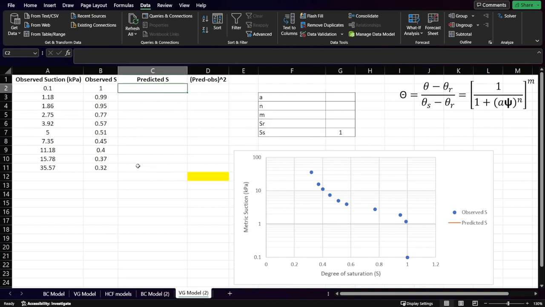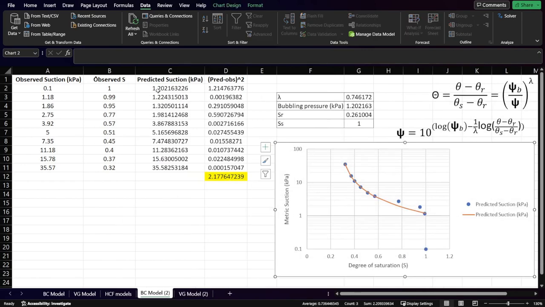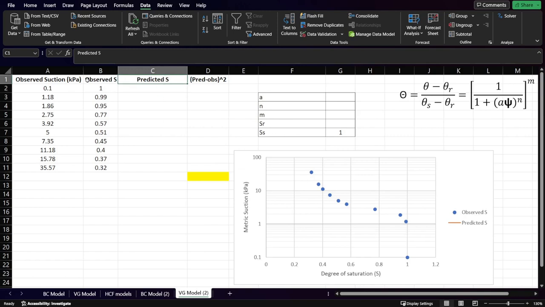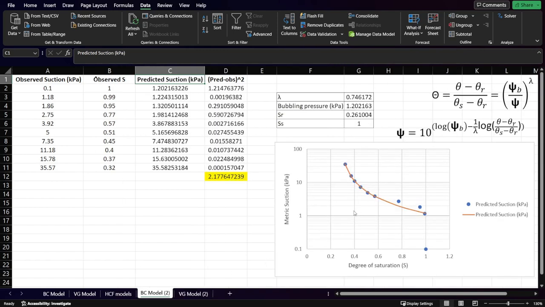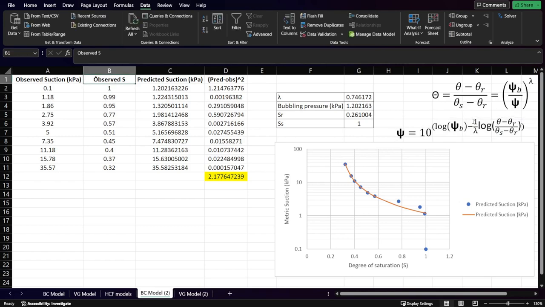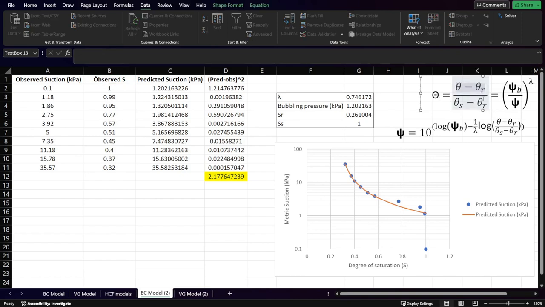In the last expression, I predicted the value of the suction. In this expression I'm going to predict the value of the degree of saturation, right? One thing to note is that these expressions are reversible. Either you can obtain the value of suction based on the value of theta, the volumetric moisture content, or the degree of saturation, or in reverse, you can obtain the degree of saturation or the volumetric moisture content based on the values of suction.